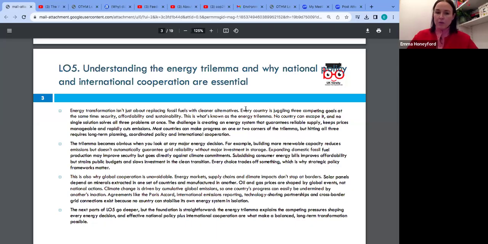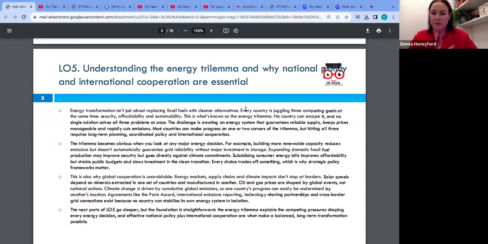It isn't always reliable. It can be up and down. So it's about how we then store that. That's an issue we have to think about. We will need a lot of investment in how we store that surplus energy to meet the demands when the supply isn't there.